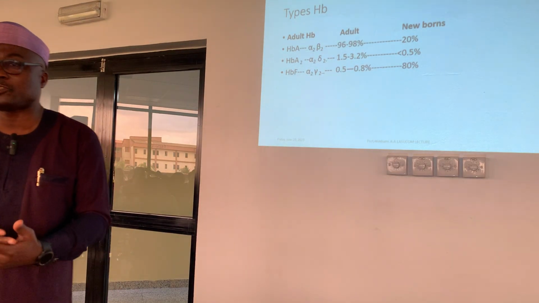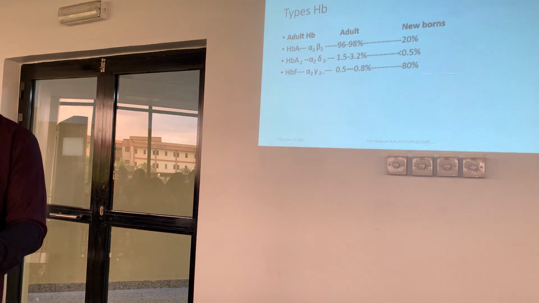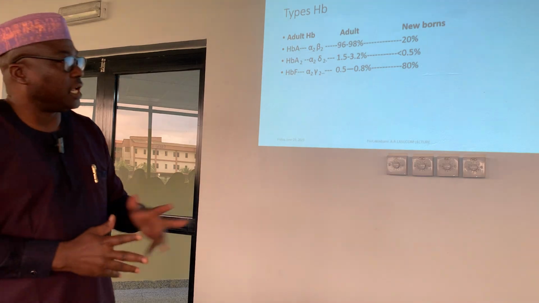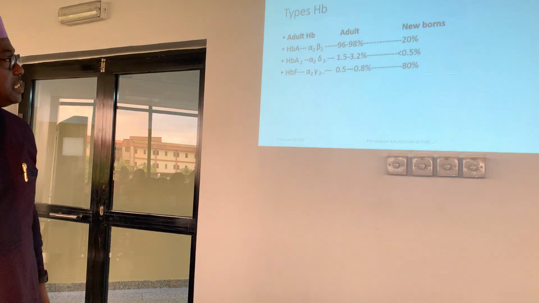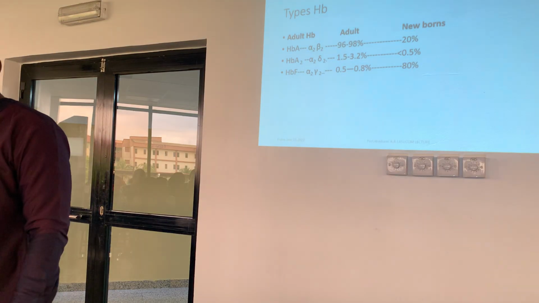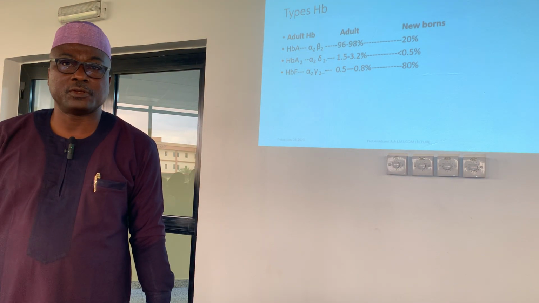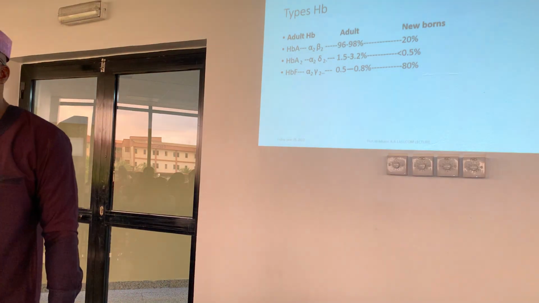Okay, so when does it switch? When does it take place? Do you have an idea? The switch after delivery, that you now have 20% of hemoglobin A instead of 80% of hemoglobin F. What months? In 6 months. It is actually 6 months.